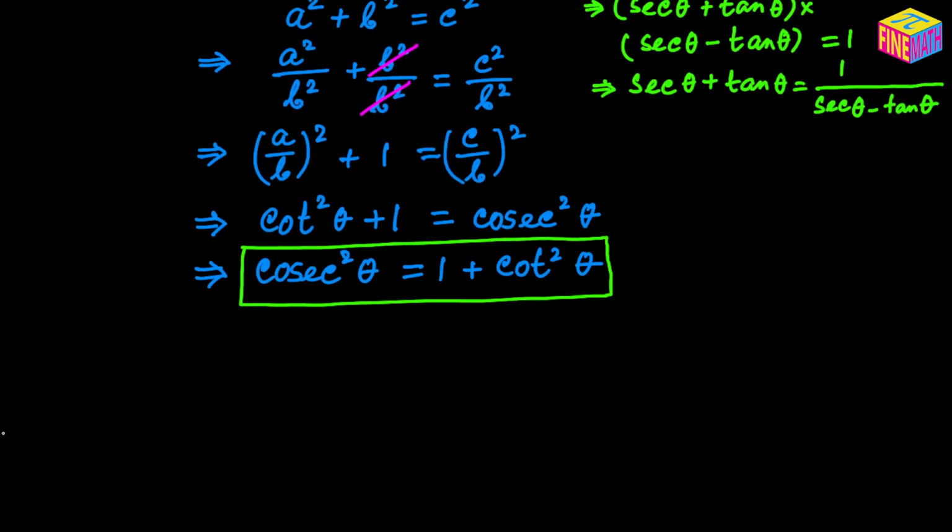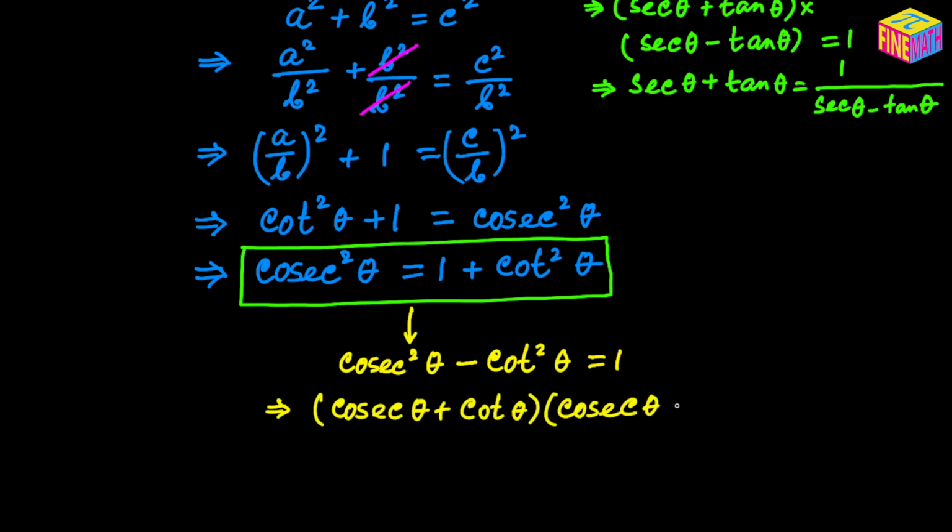From the last one, there also we can do something similar. We can say cosecant square theta minus cot square theta is equal to 1, and then we can factorize again. So it would be cosec theta plus cot theta times cosec theta minus cot theta is equal to 1. Now it's very clear that each of the factors is a reciprocal of the other one, because the product of the two factors is equal to 1.